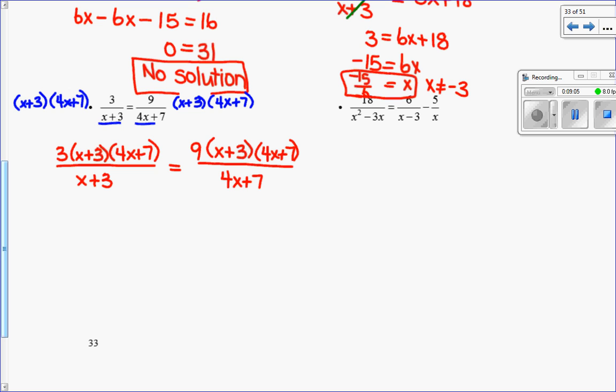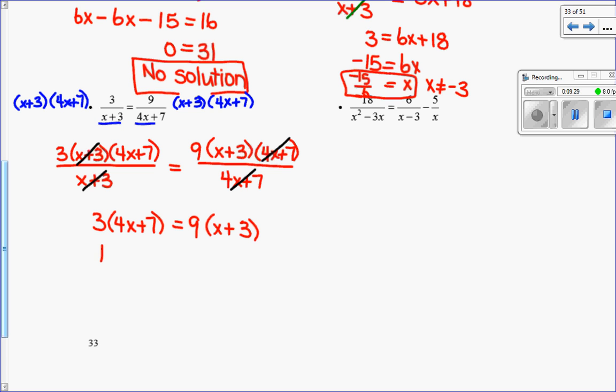Okay, now you can see that this x plus 3 will cancel this x plus 3. This 4x plus 7 will cancel this 4x plus 7, which allows us to get rid of our denominator. And what we're left with is 3 times 4x plus 7 on this side, and 9 times x plus 3 on this side. Now I need to solve for x, so I'm going to multiply this out.